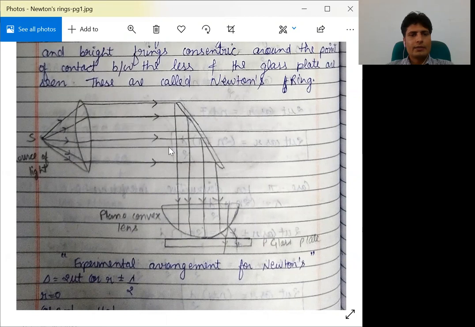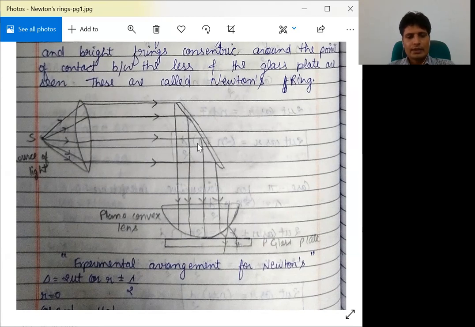Okay, so light rays will be reflected. We have named this glass plate G, and this beam is partially reflected from glass plate G. This reflected beam falls normally on the lens L, another lens which is a plano-convex lens placed on the glass plate E. Then interference occurs between the rays reflected from the upper and lower surfaces of the film.